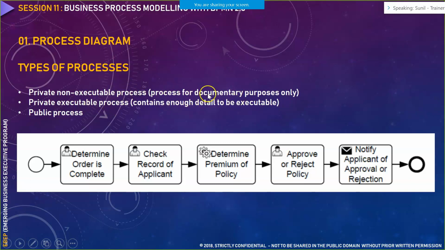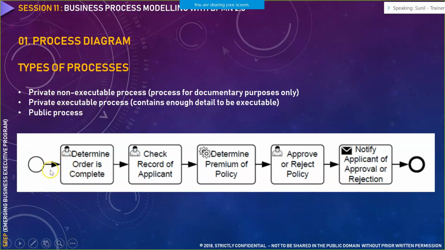Processes for documentary purposes only. Anything that we need to just keep for documentation purposes are called non-executable processes. And what are executable processes then? The processes that have enough detail to be executed are called executable processes. Public processes do not have any differentiation between non-executable and executable process. However, private processes have differentiation between non-executable and executable process.